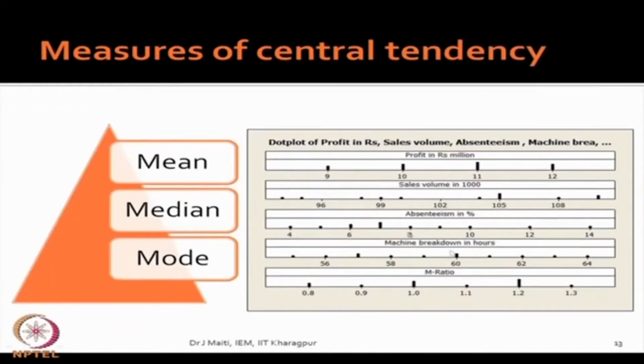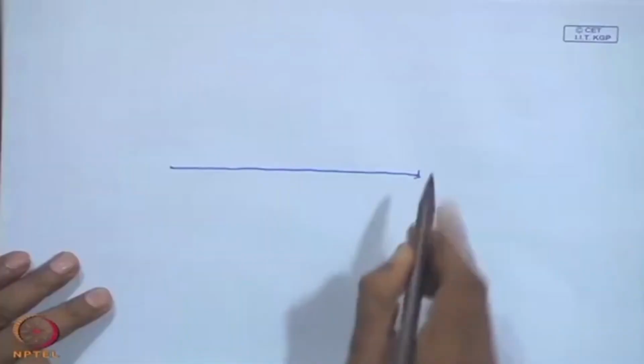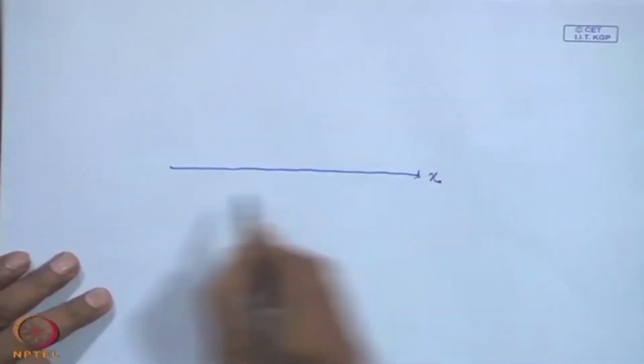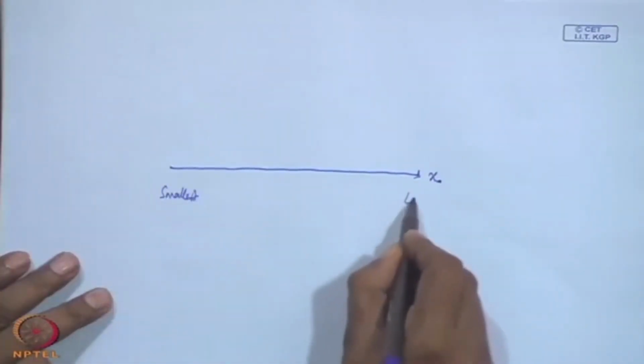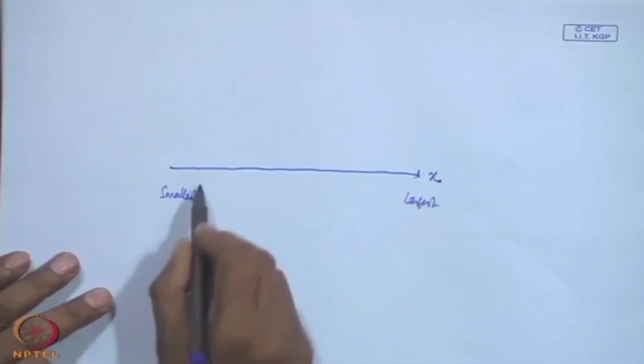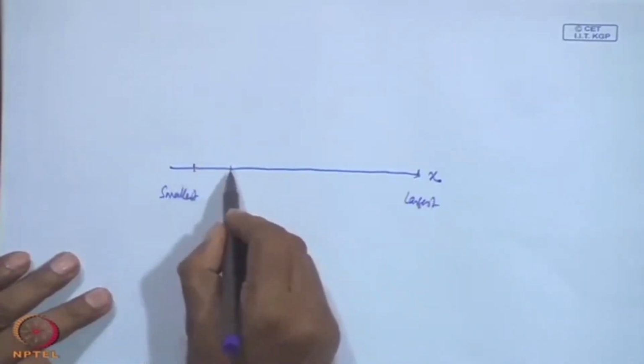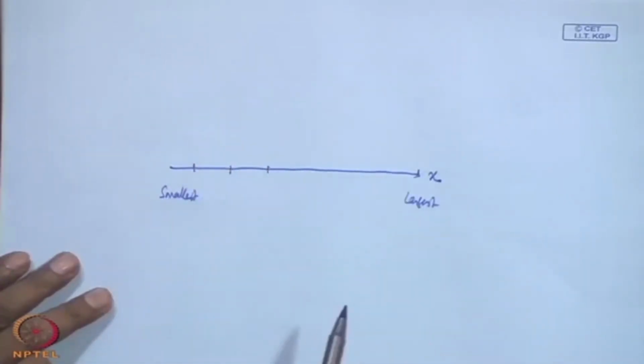Do you know what this is? This is a dot plot. Dot plot is something like this. Your variable is x. You arrange from the smallest to the largest. Suppose this is one value, this is the second value, this is the third value, different values are there.